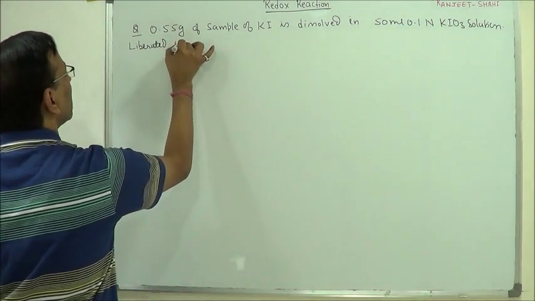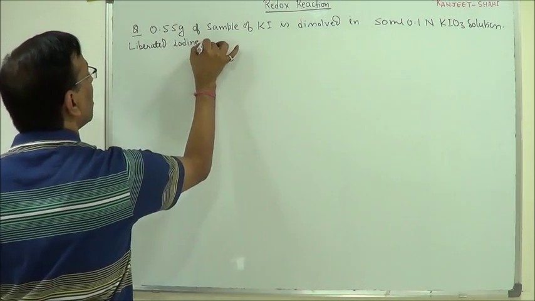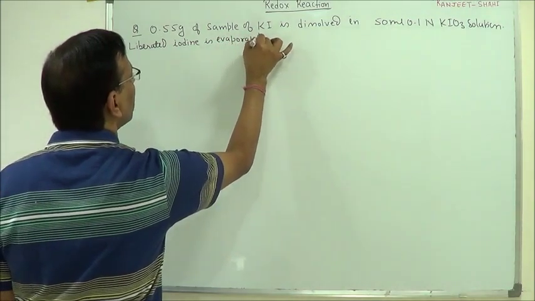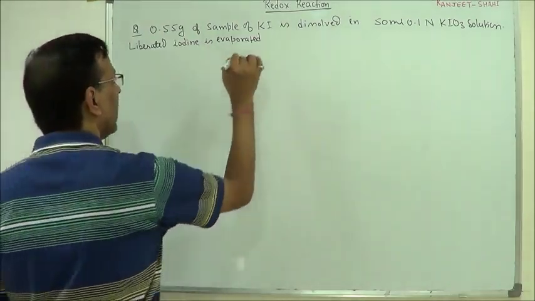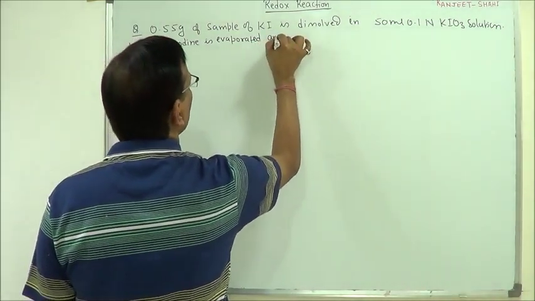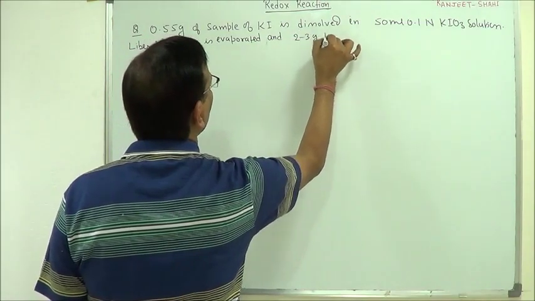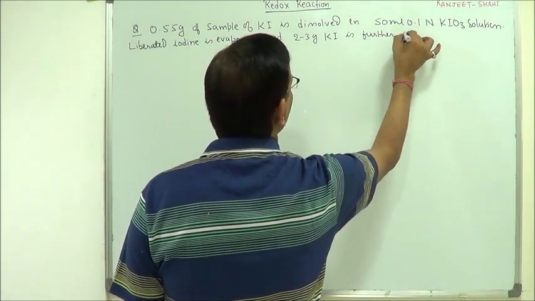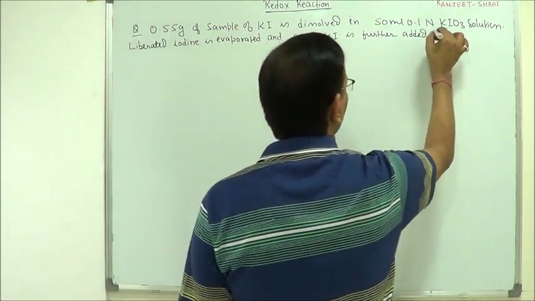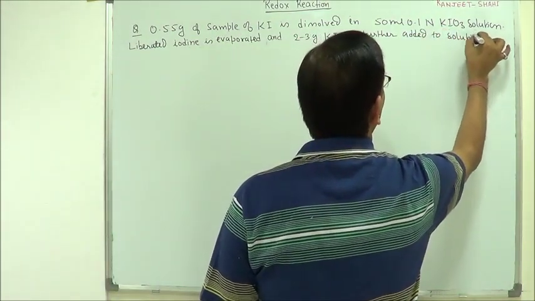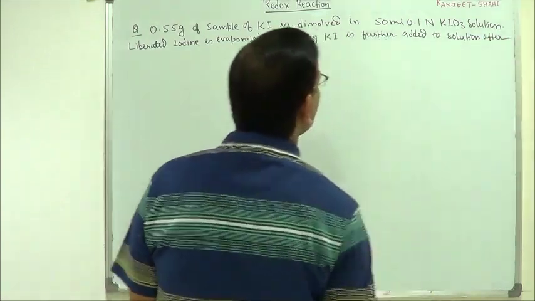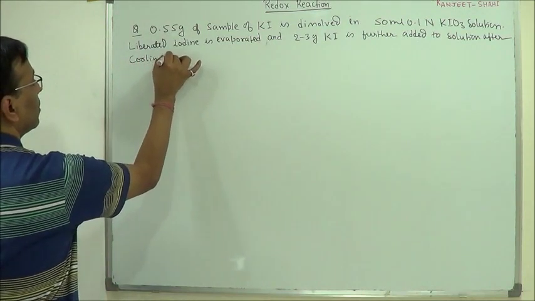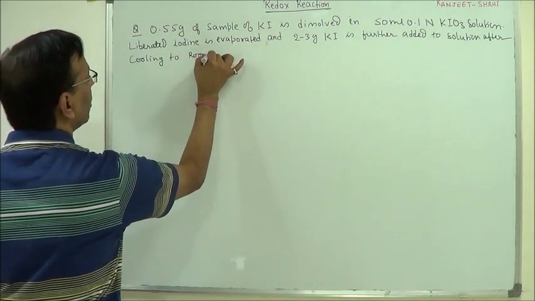The liberated iodine is evaporated and around 2-3 gram KI is further added to solution after cooling to room temperature.